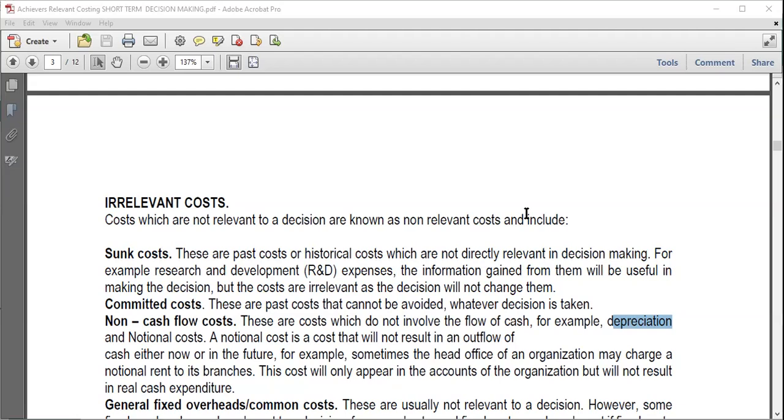So ideally, the cost itself is non-monetary in nature. You don't pay for depreciation, yet you recognize it as an expense within your books, but you ideally don't pay for it. You get it? So it's very important for you to have that in mind.